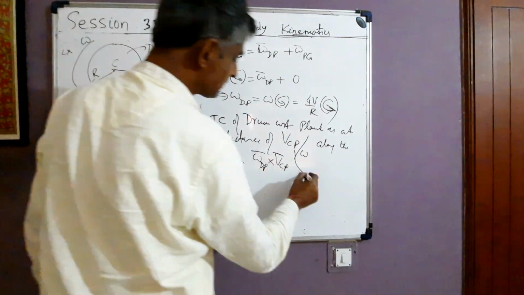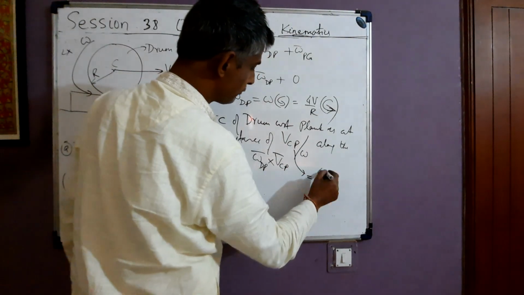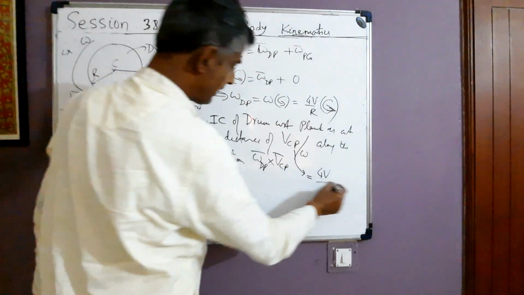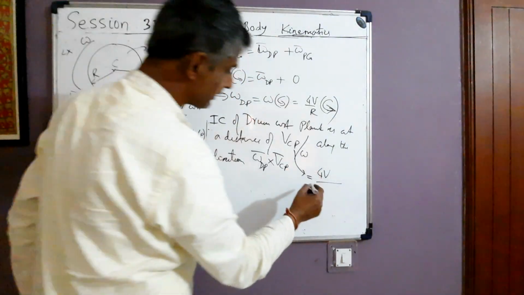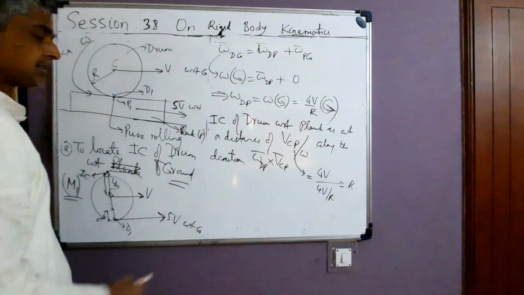Now VCP is the velocity of center with respect to Planck, that is just 4V left, and omega DP is simply 4V by R. So this simply becomes R. It is at a distance of R.